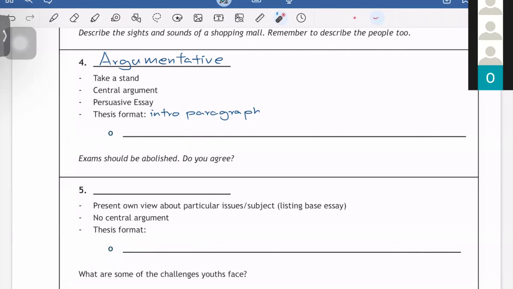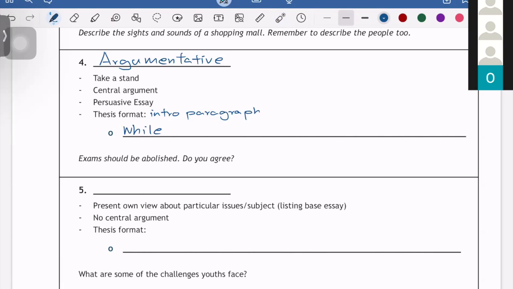Now, what do I mean by a thesis format? This thesis format would be your last sentence in your introduction paragraph. So you're giving me an overview of your points of your entire essay. How your sentence would look like.